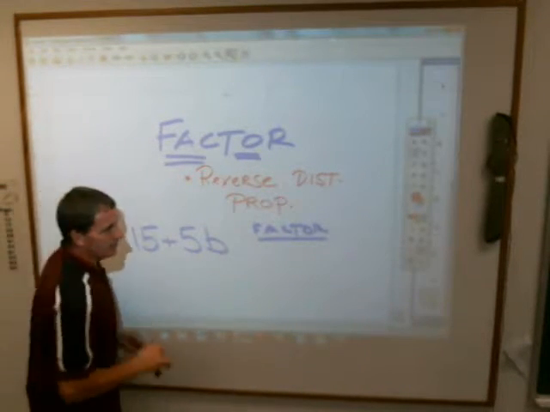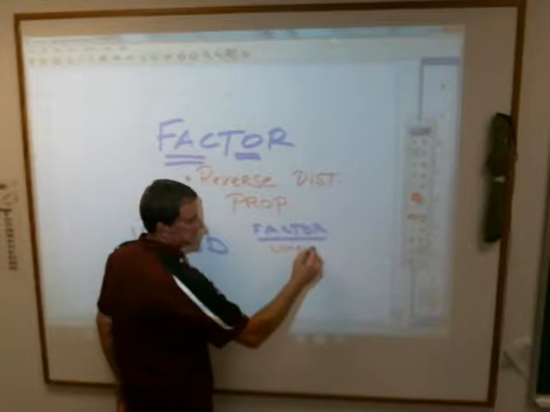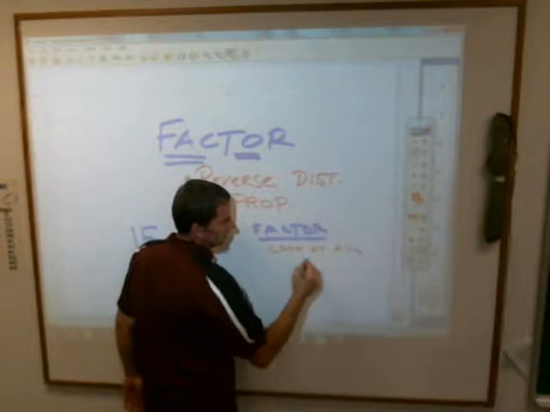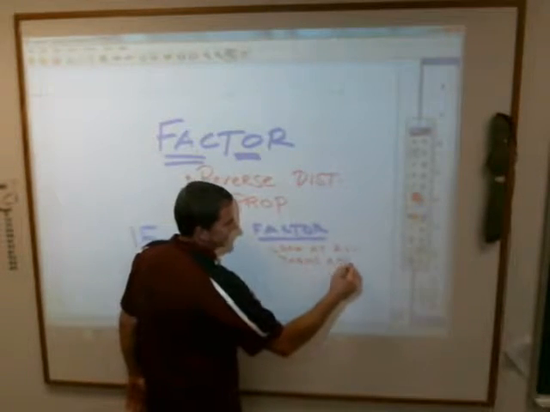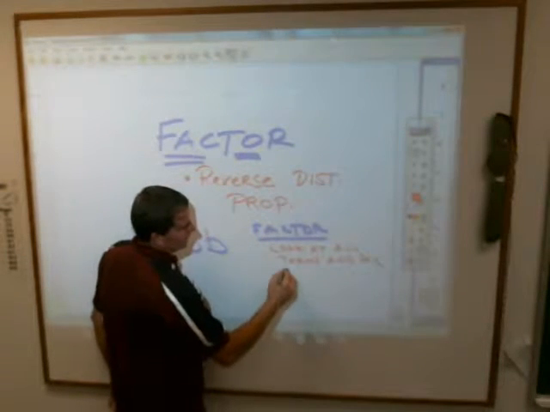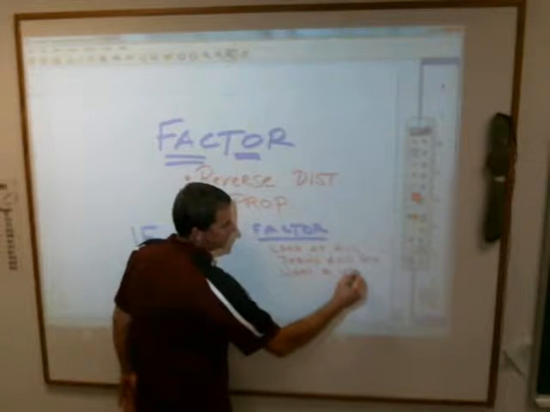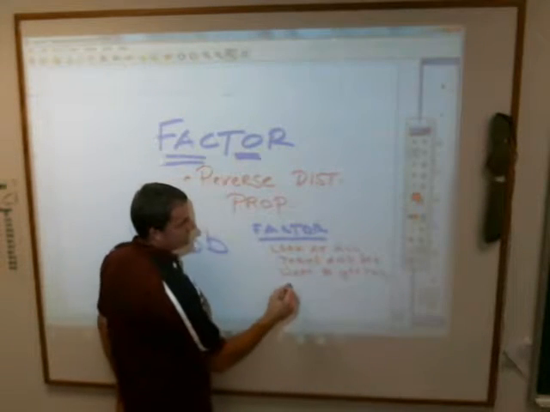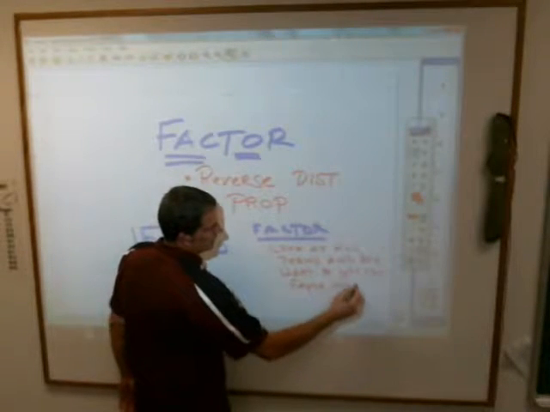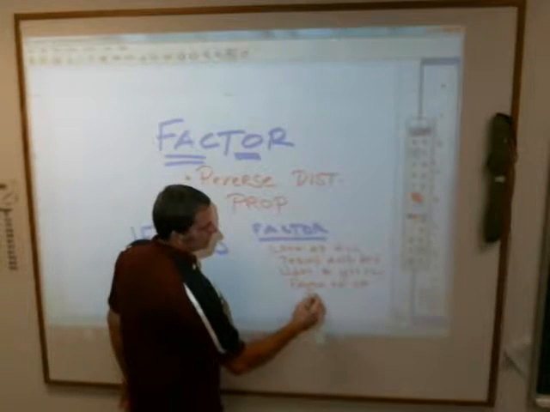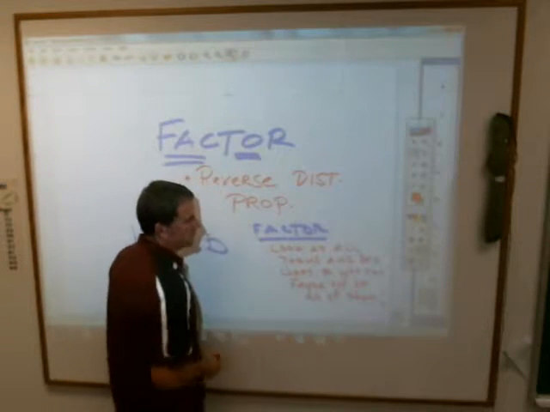When you're asked to factor it, you need to look at all the terms and see what number you can factor out of all of them, which will make very little to no sense till we talk about it.